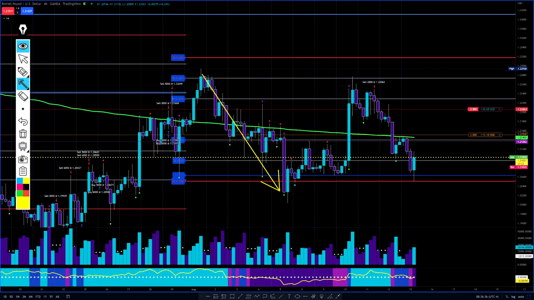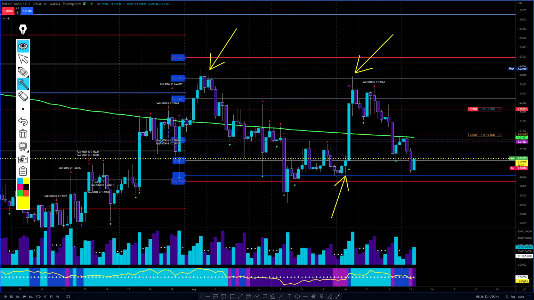Now the same thing is happening on the British pound. We're getting some sideways movement, but we have this indication here of a lower high, right? We had a lot of buying coming up here at this big bullish candle right here. That came off of the pivot level, right? The pivot level is the blue line, and we hit R2.